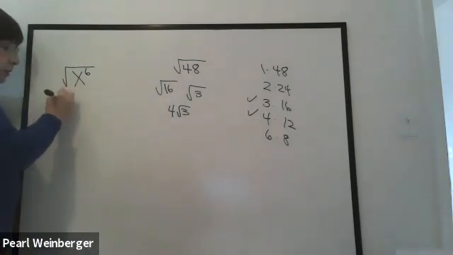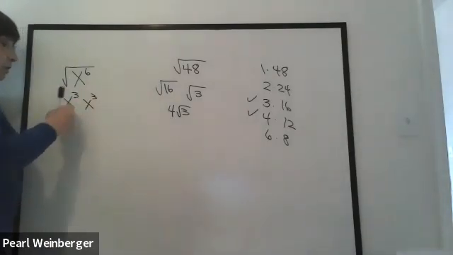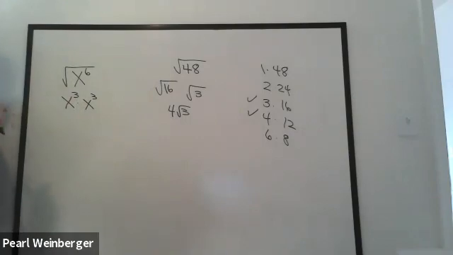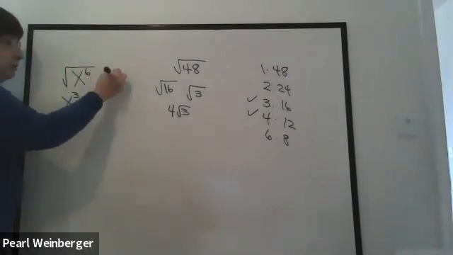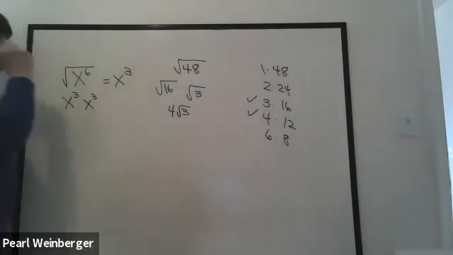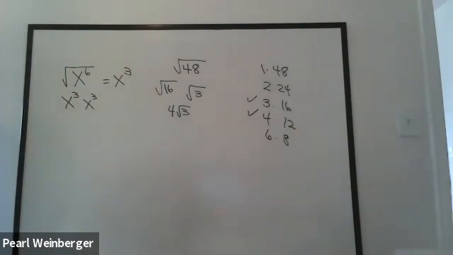Well, if you think about it, it would have to be x to the 3rd times x to the 3rd, because when you're multiplying variables, you're adding their exponents. And that means the square root of x to the 6th has to be x to the 3rd.